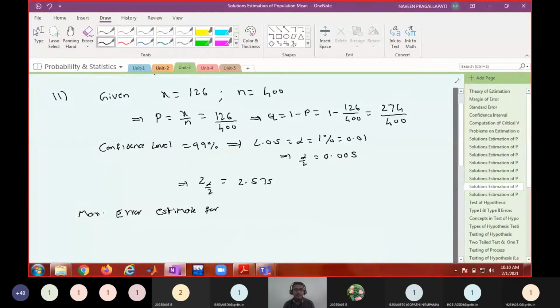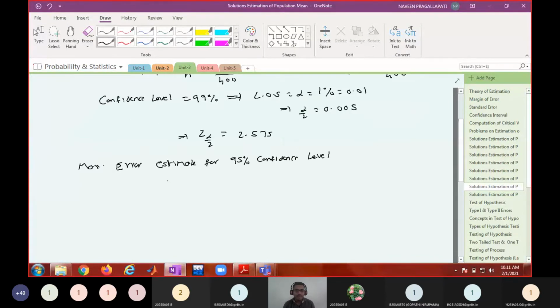Therefore the maximum error estimate is E equal to z alpha by 2 into sigma, that is root of pq by n.